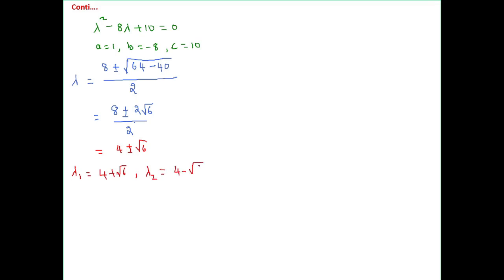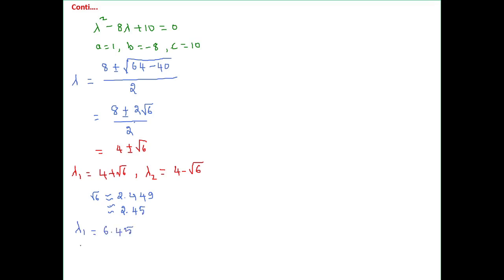So what is the root 6 value? Root 6 is approximately 2.449, so let us take approximately 2.45. Once root 6 is 2.45, lambda 1 is 6.45.